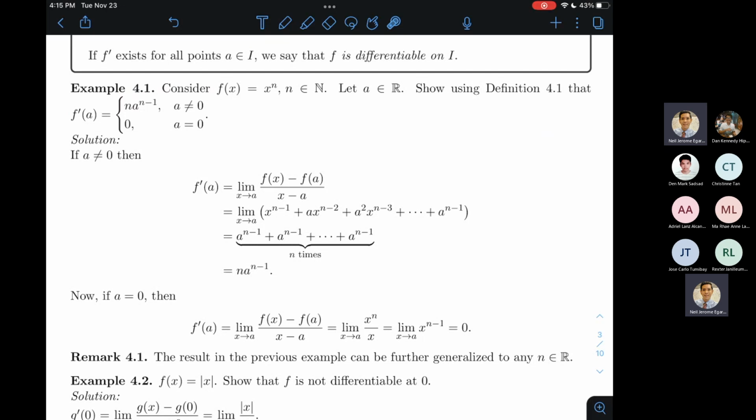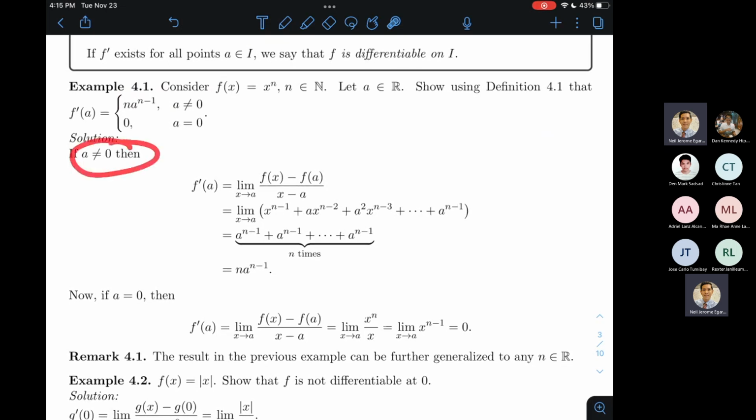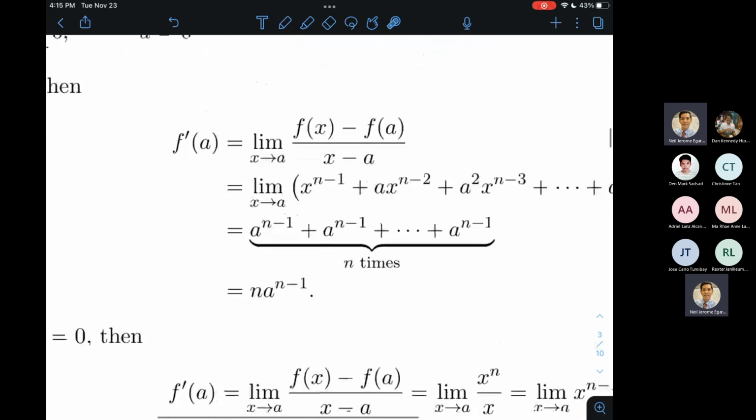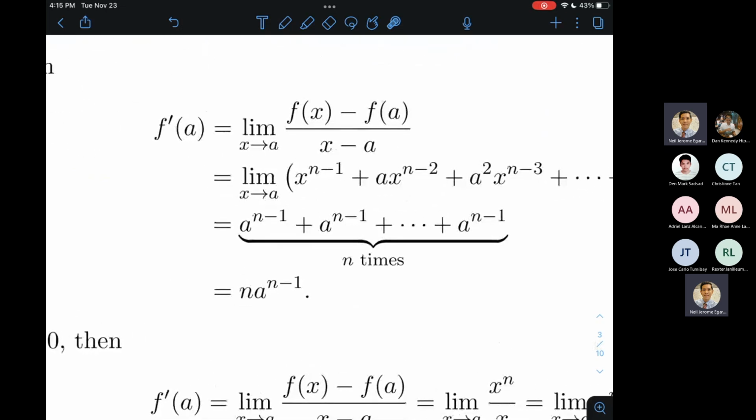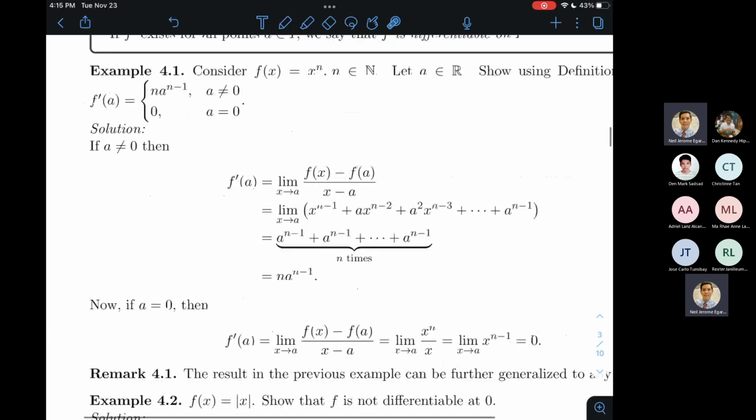And let's see why here in the proof. So let's prove the first case. The first case is if a is not equal to 0. If a is not equal to 0, then we can manipulate the expression in the definition of the derivative in a nice way. But of course, it goes without saying na hindi na nilagay dito sa example, si x to the power n ay defined for all real numbers.